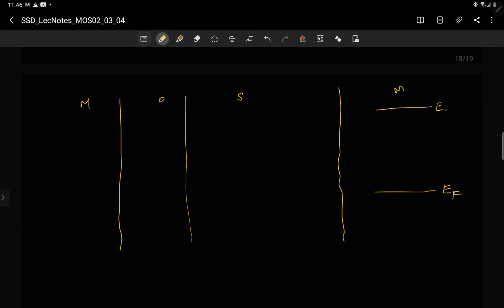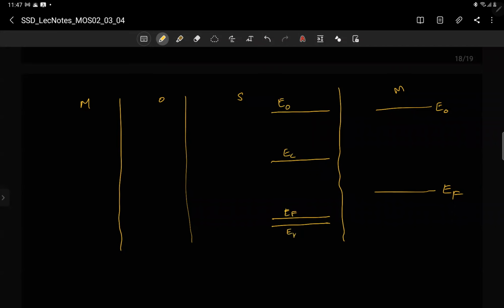This is E naught, and if EF of the semiconductor is below like this, and EV is below, and EC is like this. Okay, E naught is like this. So this is E naught, EC, and EF in the semiconductor, and EV.